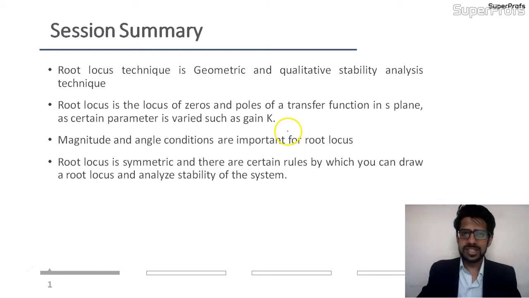Let us see the session summary. We saw that the root locus technique is geometric and qualitative stability analysis is done through this technique. Root locus is the locus of zeros and poles of a transfer function in the S-plane as a certain parameter is varied, such as a gain k. Magnitude and angle conditions are important for root locus.